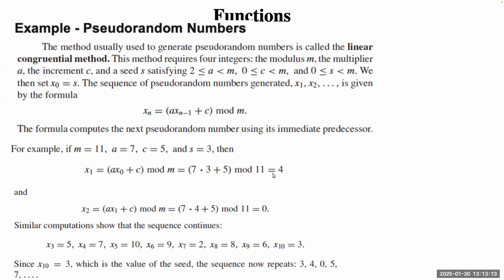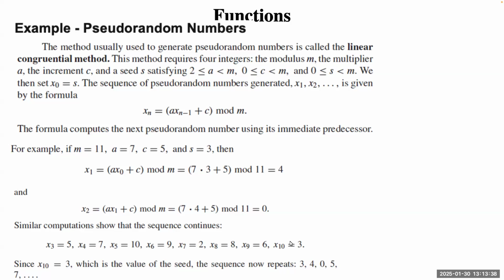So I got the seed, which was 3. That would be x0. x1 is 4. x2 is 0. If I repeat this calculation, I get x3 is 5. x4 is 7. x5 is 10. x6 is 9. x7 equals 2. Okay. x8 is 8. x9 is 6.